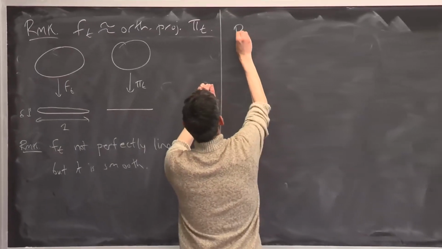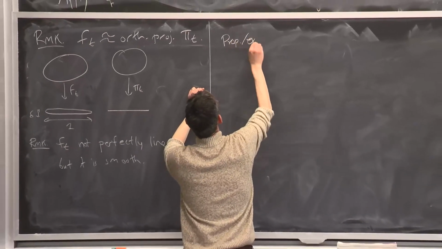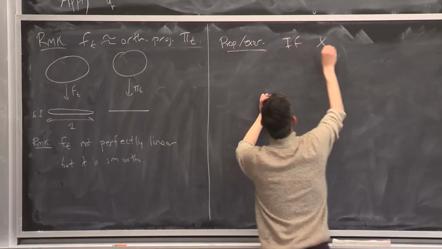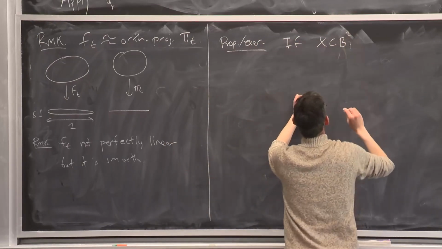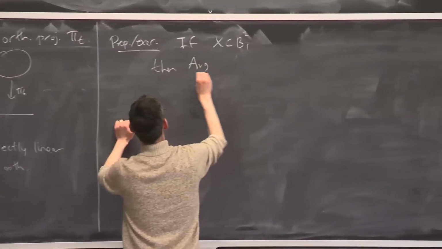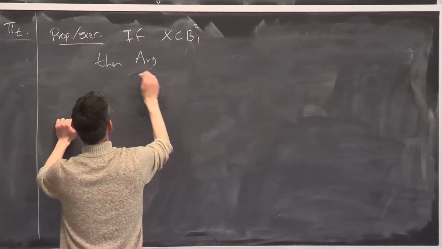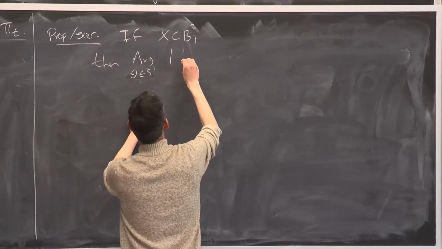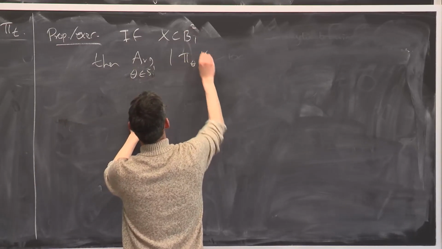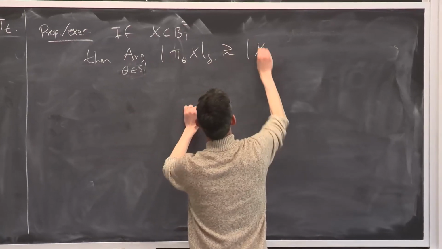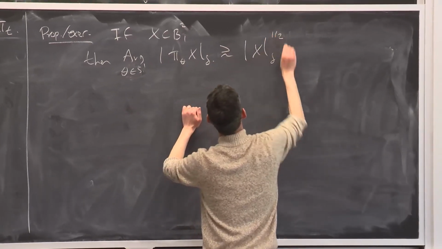So now here is a proposition or exercise about projections. It says that if x is in the unit ball in the plane, then if you take the average over all directions theta in S1 of the delta covering number of pi theta of x, that is at least as big as the delta covering number of x to the 1/2.